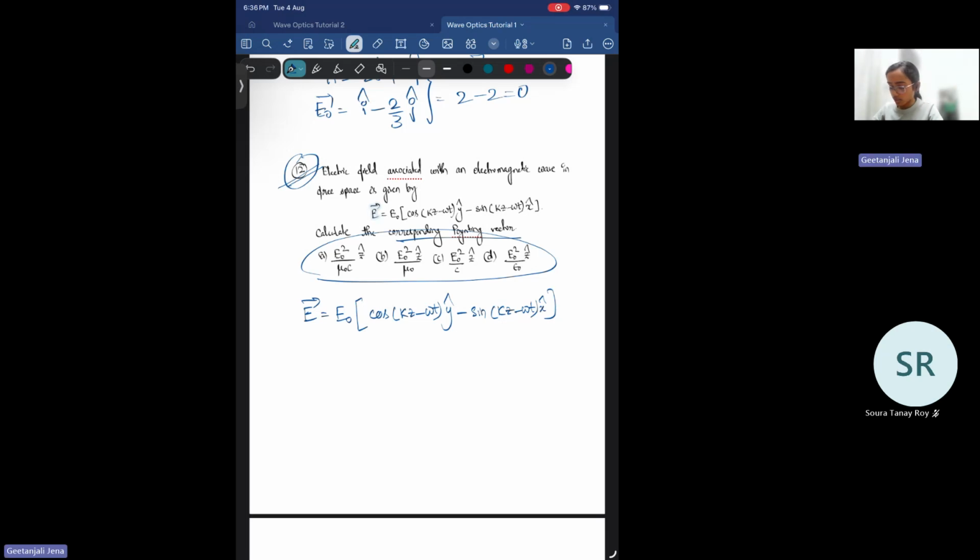So I think, yes, the electric field was given. It was asked to calculate the Poynting vector of this electric field.